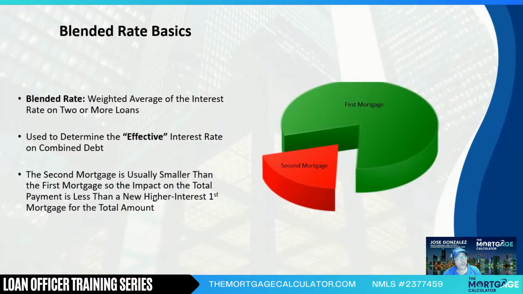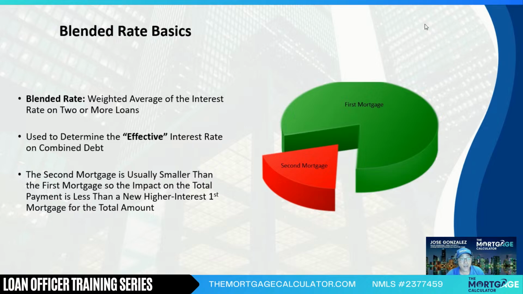So we've talked about the HE loan benefits, and I mentioned the blended rate and the proportionate share of the first and the second. In the image that you see there, you see exactly what happens, right? Usually the first mortgage is going to be larger than the second mortgage, right? And the blended rate is a weighted average of the interest rate on those two or more loans.